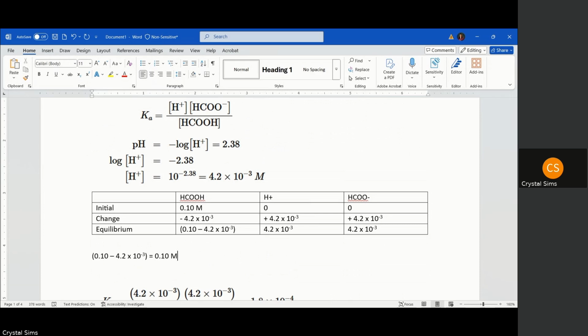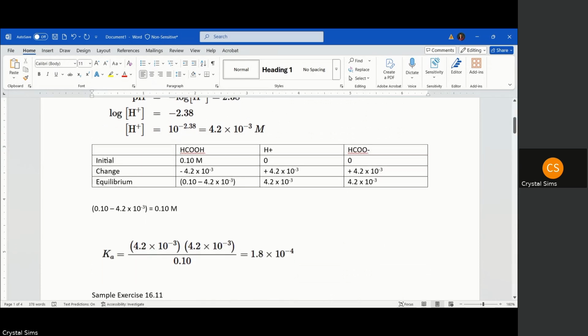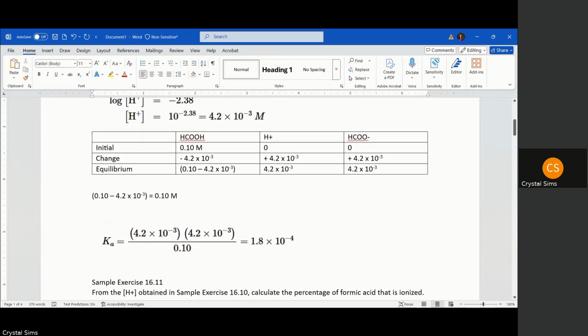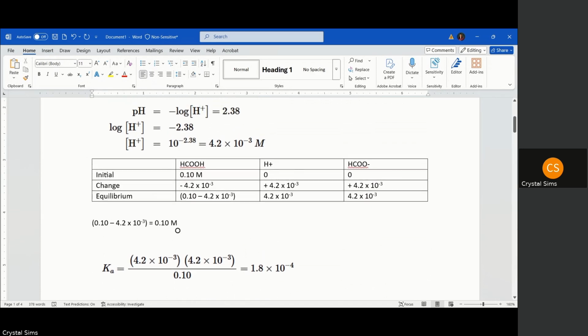So we don't have to subtract this out here. We can just stick with 0.10, okay? A small amount has dissociated, so we're just going to plug that into our expression, okay?